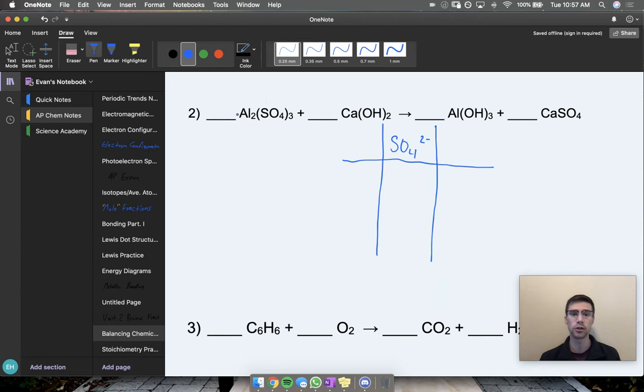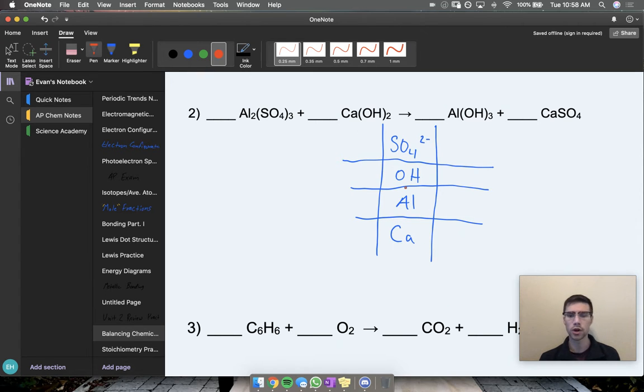So instead of having aluminum sulfate, we get aluminum hydroxide, and instead of having calcium hydroxide, we get calcium sulfate. So I'm going to keep the SO4s together. I'm going to keep the OHs together. And obviously, the only things that are left are aluminum and calcium here.